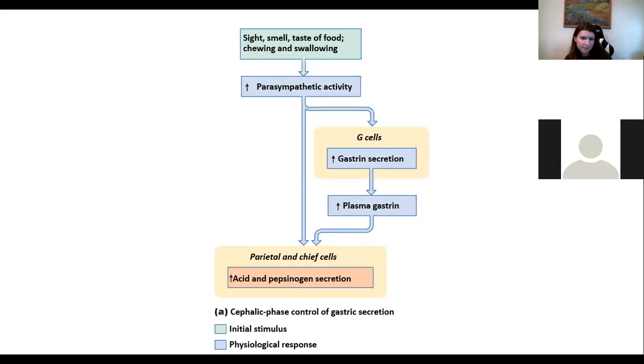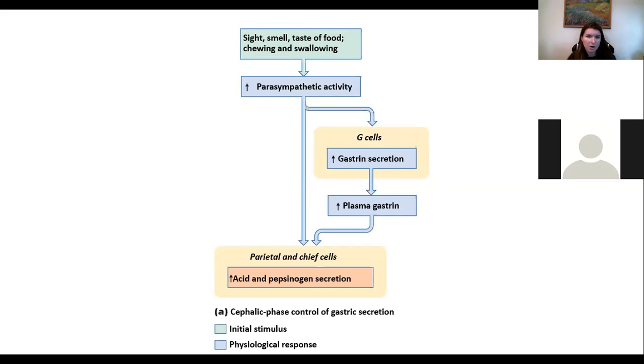That goes to your stomach. Your stomach contains G cells. These G cells secrete gastrin. Gastrin gets into your plasma, and then I'm following this right-hand pathway here, that gastrin affects the parietal and chief cells and tells them to secrete acid and pepsinogen.